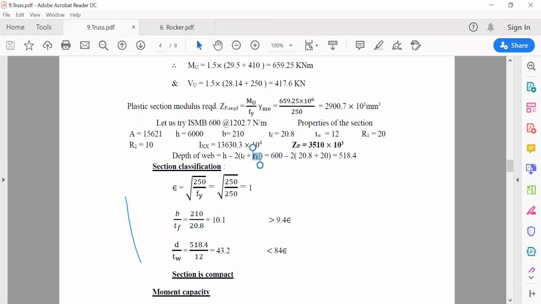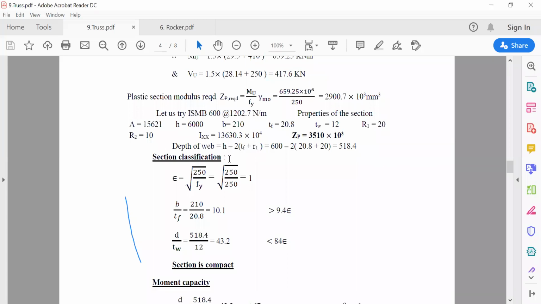Just two have studied? Okay, I will not go further into the radius of root. It is properly given in the video. So you will get the depth of web.